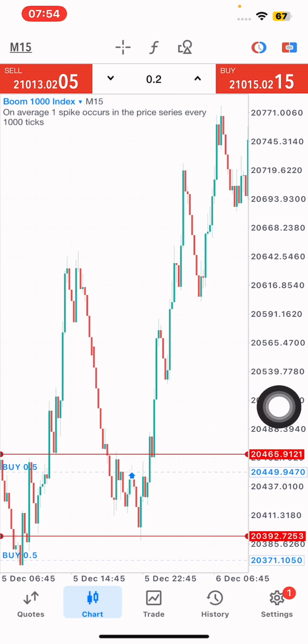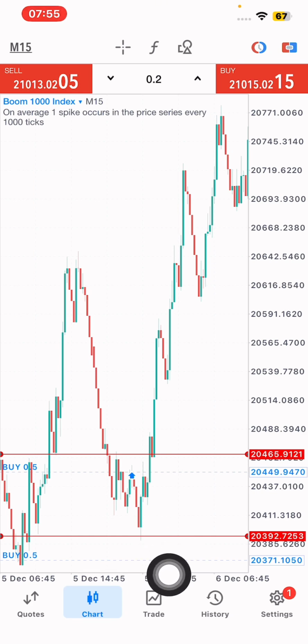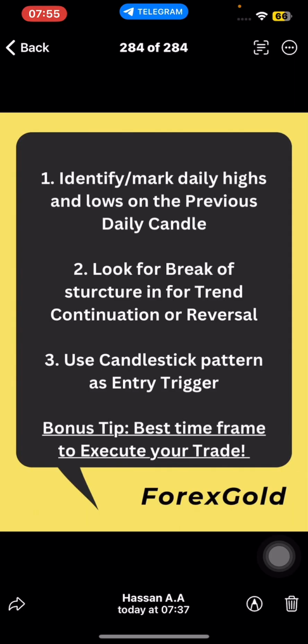If the market is able to break below the previous daily low, you will also take your trade. This is the Forex Gold trading channel. For you to take an entry is very simple.